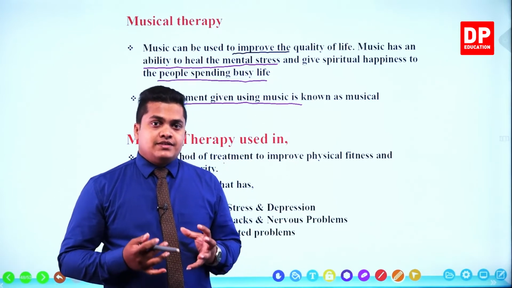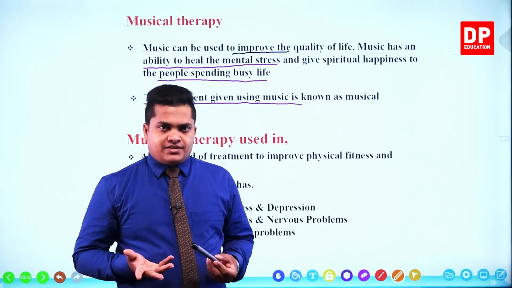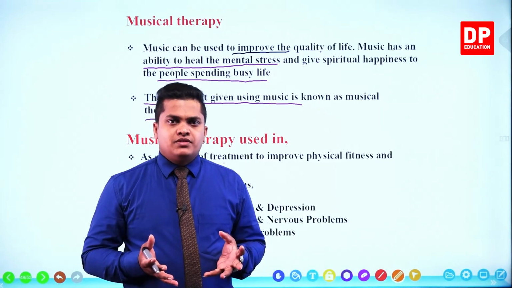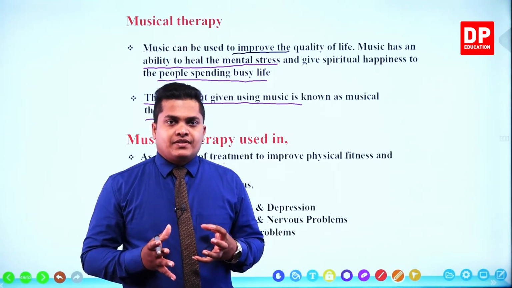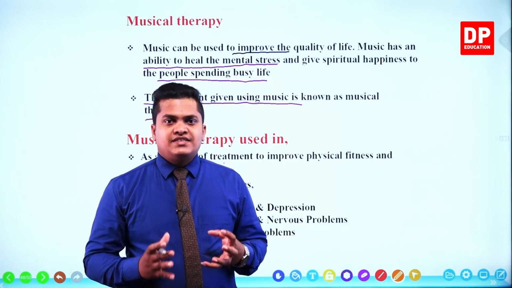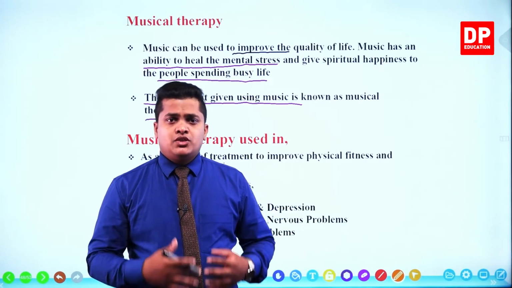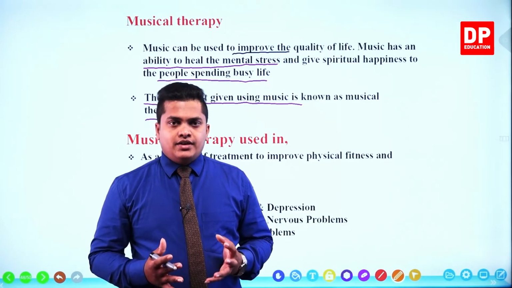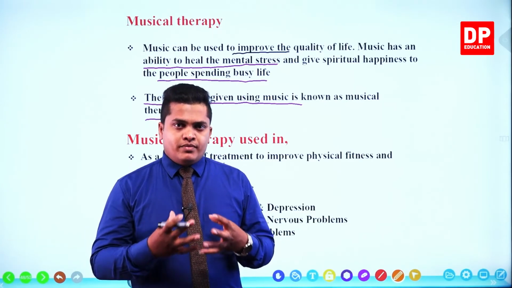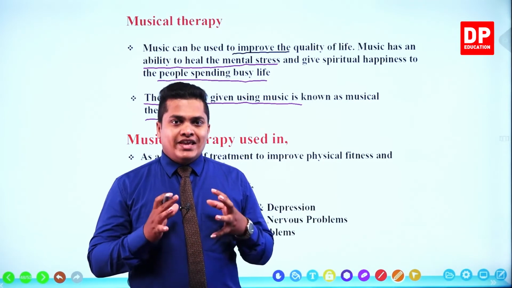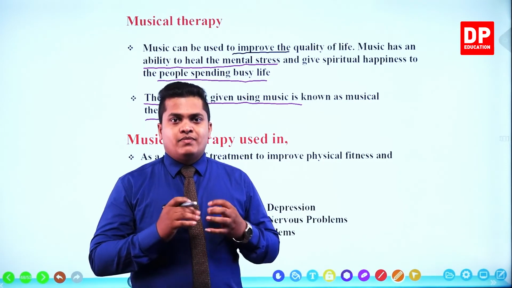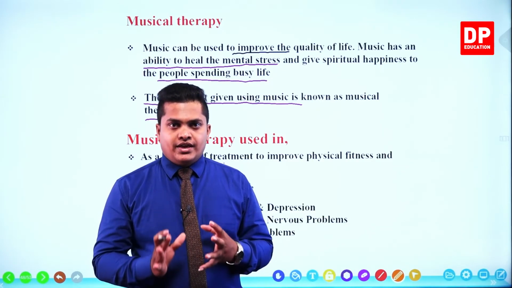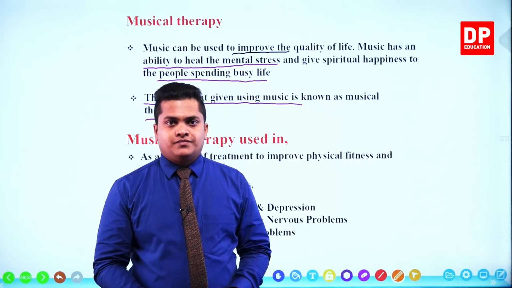If a certain person is depressed, in normal terms, we'll assume like this. If a certain person is very sad, then listening to good music would heal his or her mindset for sure.